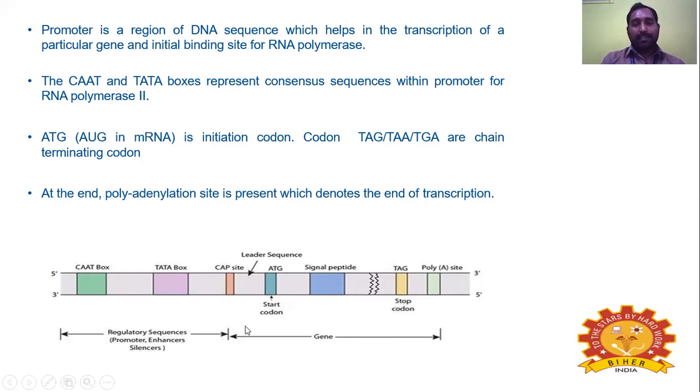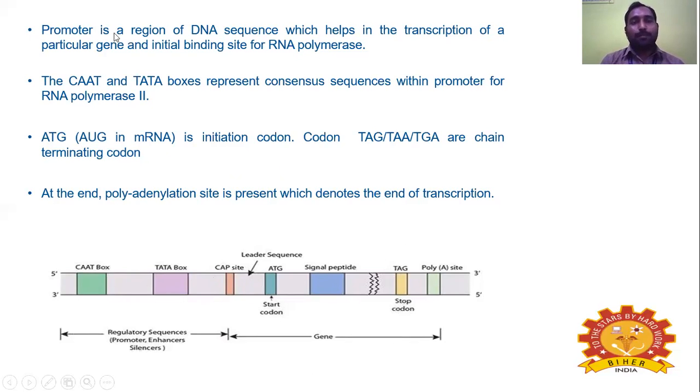And this entire regulatory region or sequence will be split into two. One is the regulatory sequence, which contains promoter, enhancer, silencer, whereas the other region, which is the coding region, we will call the gene region. Okay.